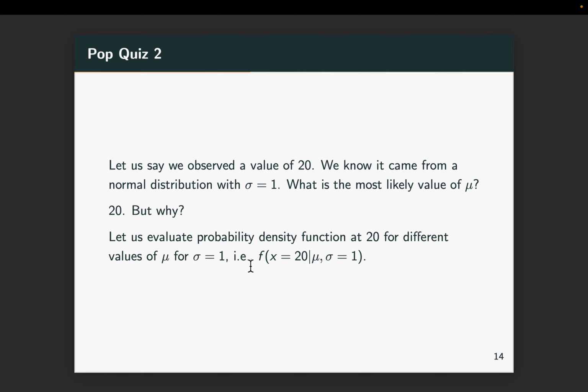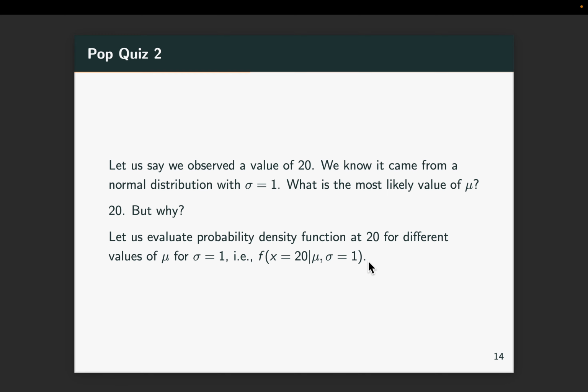In order to do that, we'll want to be evaluating the probability density at 20, at the data point, for different values of mu. So, if I write f of x equal to 20 given mu, sigma equal to 1, what is this expression a function of? X, mu or sigma?